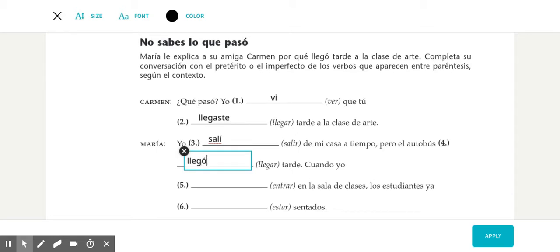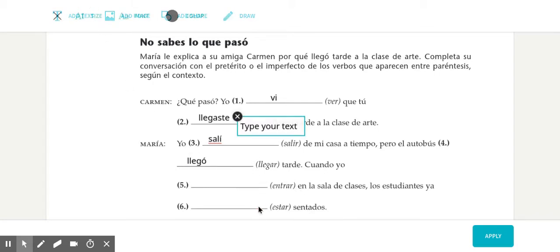Llegó tarde. Cuando yo, so when I came in la sala de clases, los estudiantes ya, and then you have estar sentado. So what are you going to use? Cuando yo, when I came in, so it interrupts the action, right?